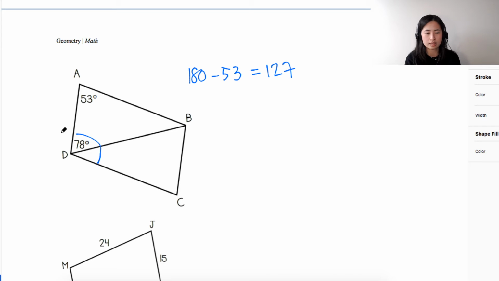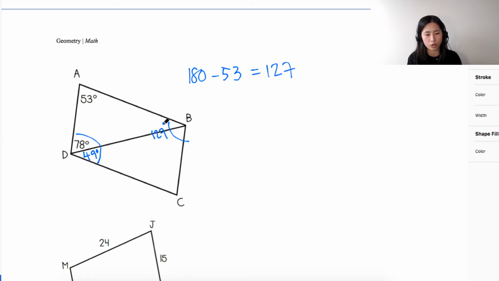Once you know that this is 127, this must be 127 as well. And because you know that this whole thing is 127, to find just this part, it would be 127 minus 78, and that would be 49. First of all, how do you know which one is 78 here and which one is 49? Well, you apply the z pattern.